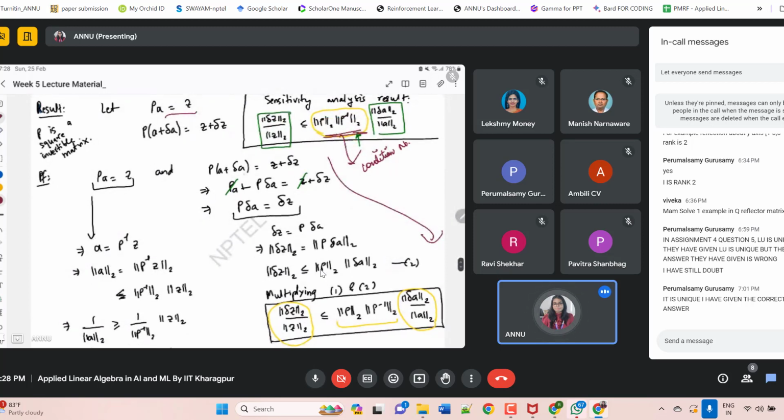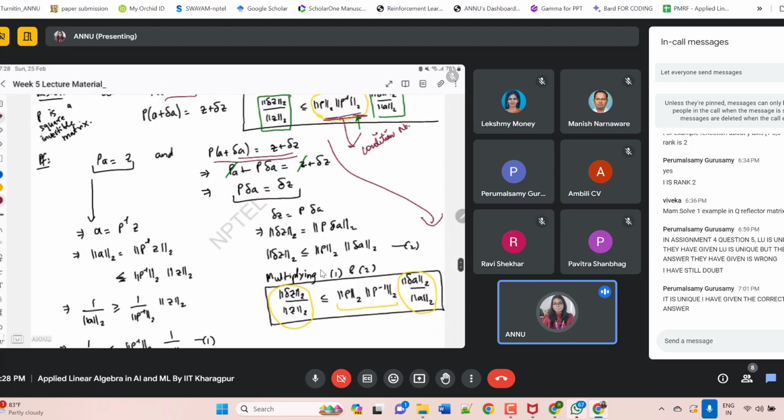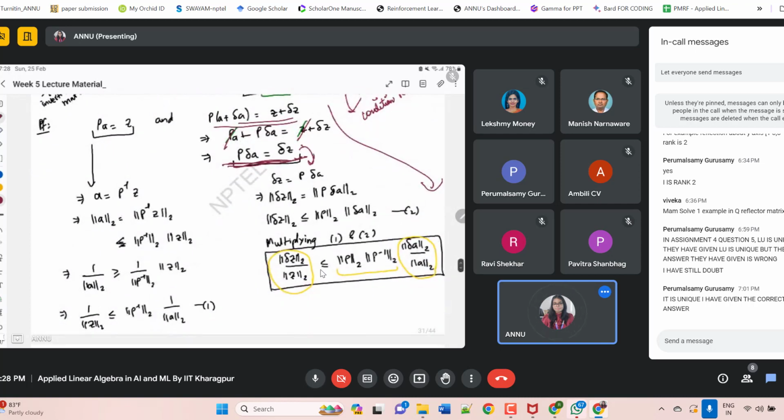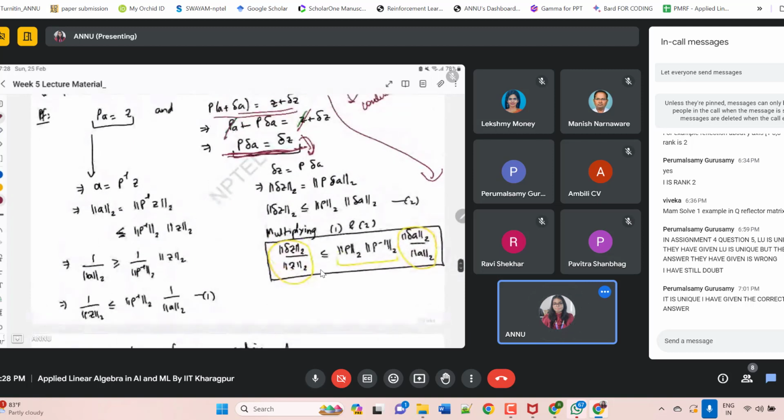P of A plus P into delta A equals Z plus delta Z, so P of delta A is nothing but delta Z. Similarly, delta Z is nothing but P of delta A. Same thing. And if you take the norm on both sides, the norm of delta Z equals... how is it?